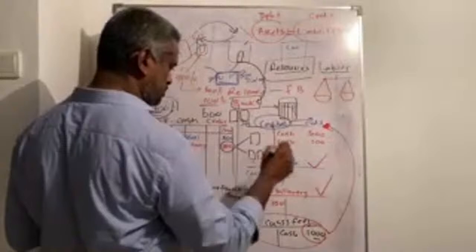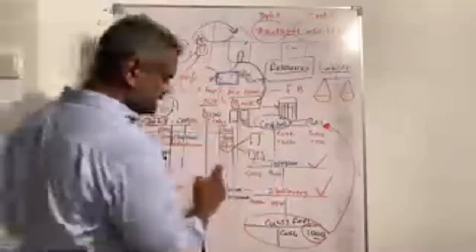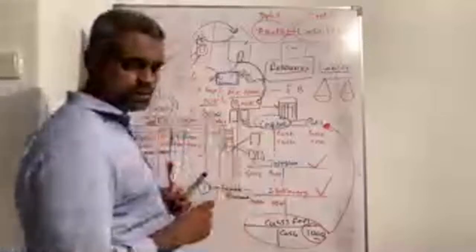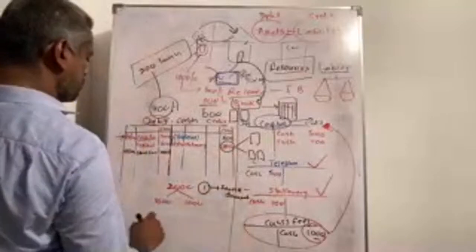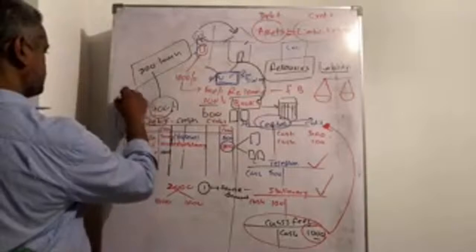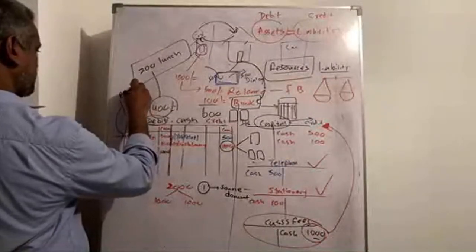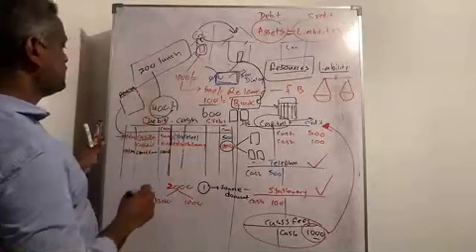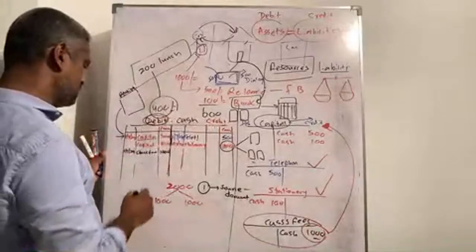For each and every transaction, the transaction initially starts from source document. Remember that. For this capital pumping, you have to put certain source document here, receipt. That is the debit receiving of this cash book, right?